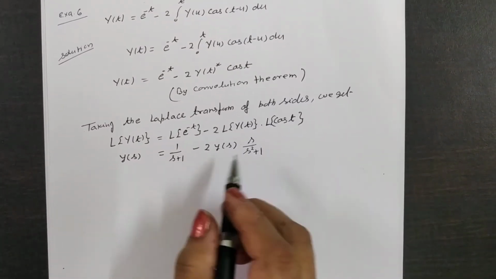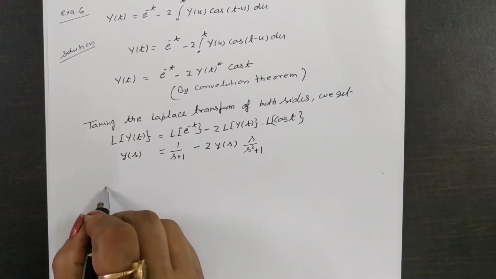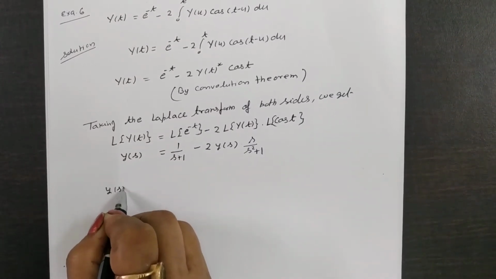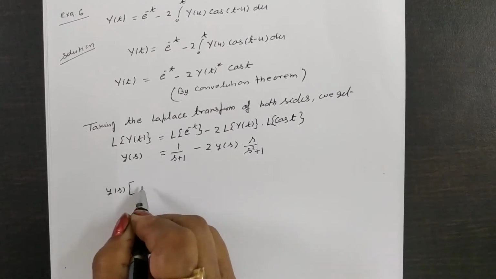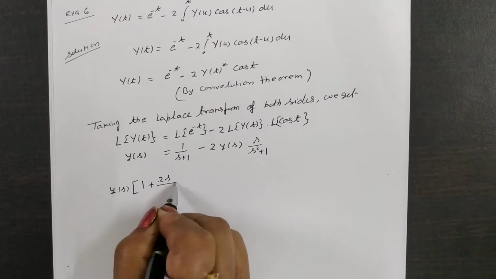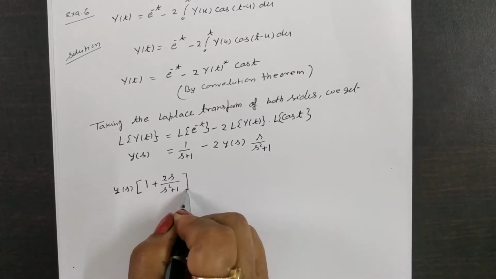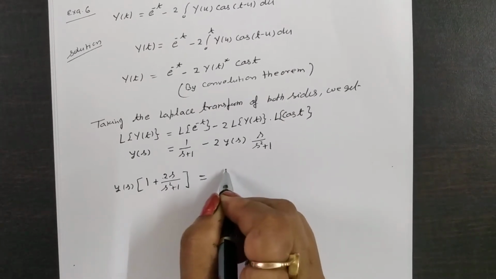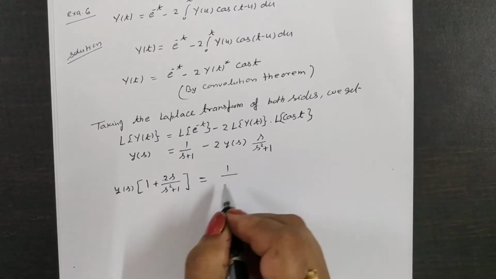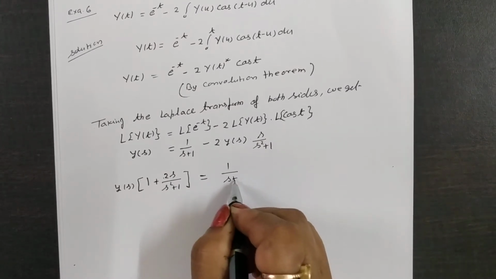Okay. So here is Y(s) and here is Y(s), so you take Y(s) in common. This becomes Y(s) times (1 + 2s/(s²+1)), and this is equal to 1/(s+1).